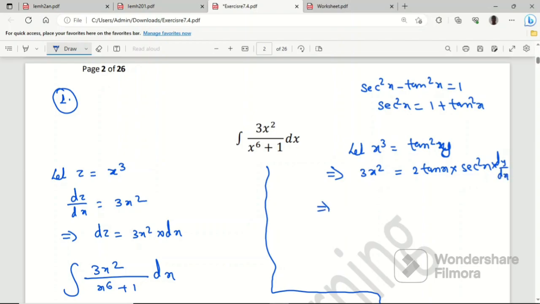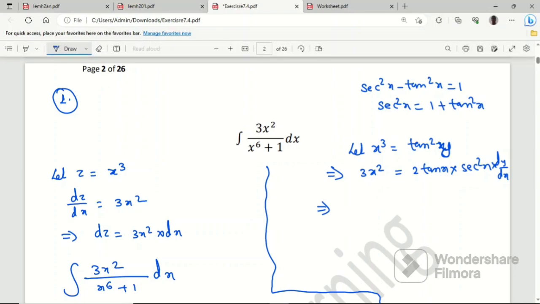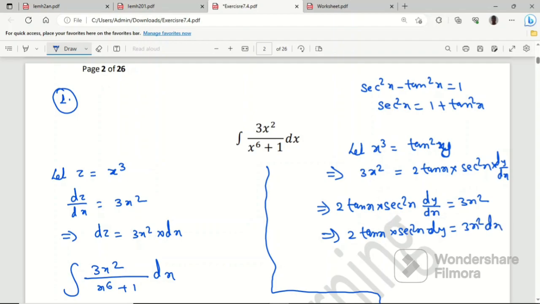So it will give me 2 into tan x into sec square x dy upon dx is equal to 3x square. So I can write 2 tan x into sec square x dy equal to 3x square into dx.